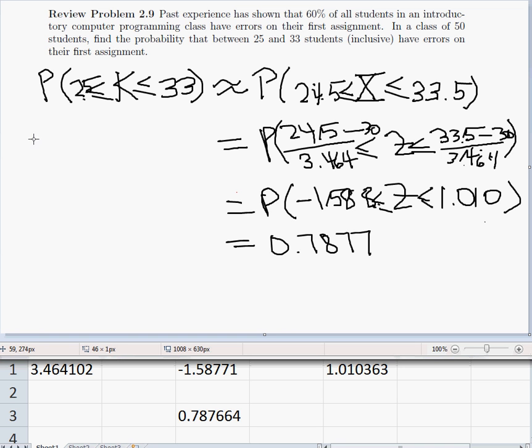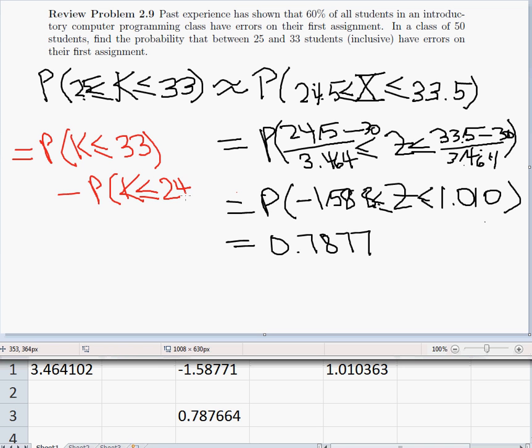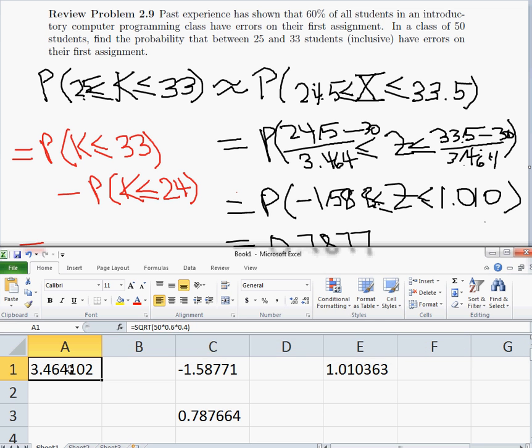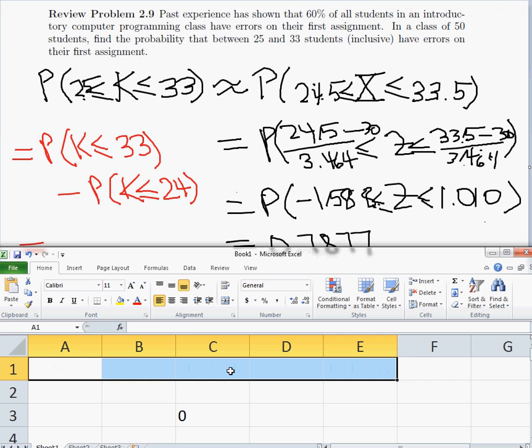This is equal to the probability of 33 successes or less minus the chance of 24 successes or less. The first probability says I need to have 33 successes or less, but I don't want to have 24 successes or less. Both of those probabilities can be computed using the binomial distribution.